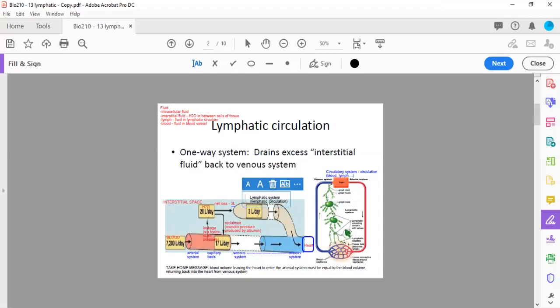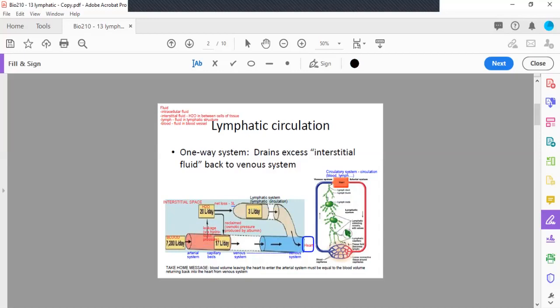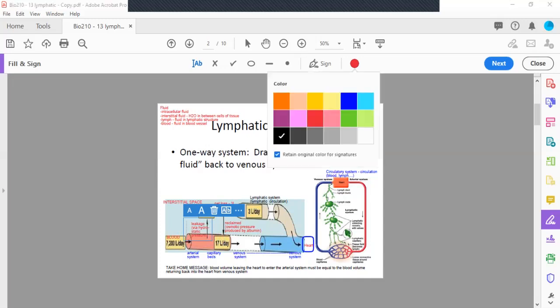Now, of that 7,200 liters going into the capillary bed, 20 liters leaks out, and the reason it leaks out is the hydrostatic pressure.